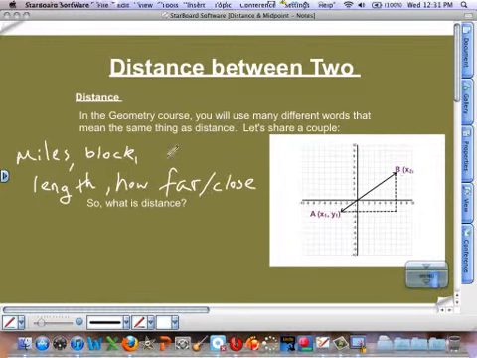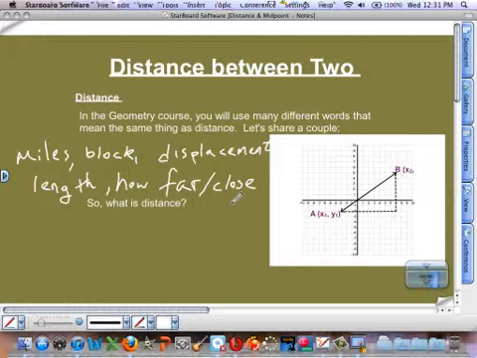Another term that you might see in science is called displacement. So displacement and distance, always the same thing. It's the final minus the original. So when we think about a number line, it's not too bad.